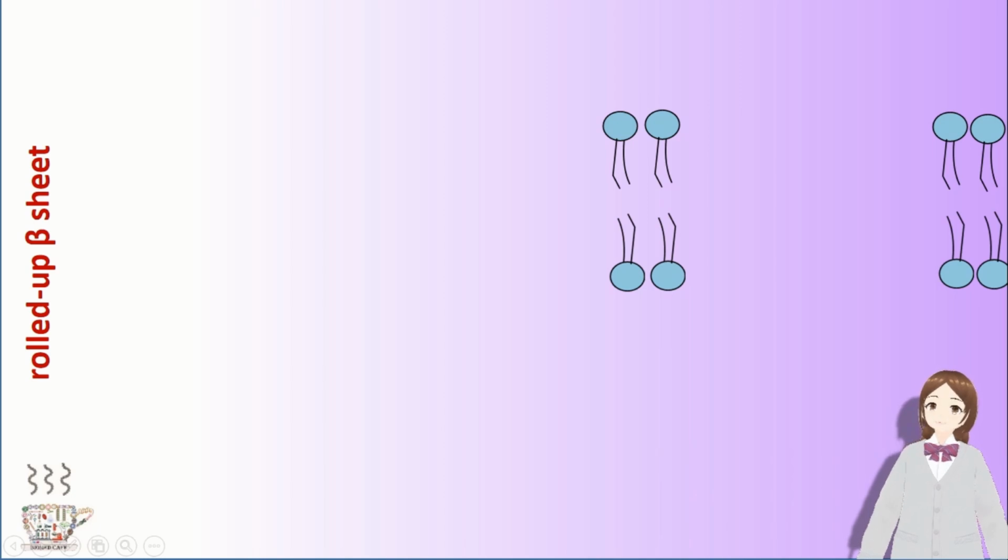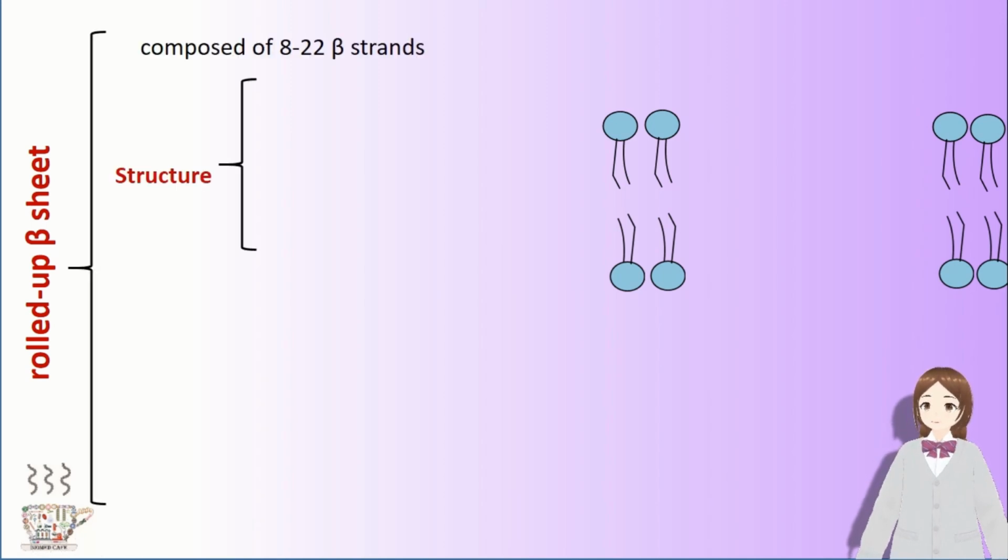A rolled beta sheet is composed of tandem repeats that twist and coil to form a closed structure in which the first strand is bonded to the last strand by a hydrogen bond. The number of beta strands in rolled beta sheets varies widely from as few as 8 strands to as many as 22.